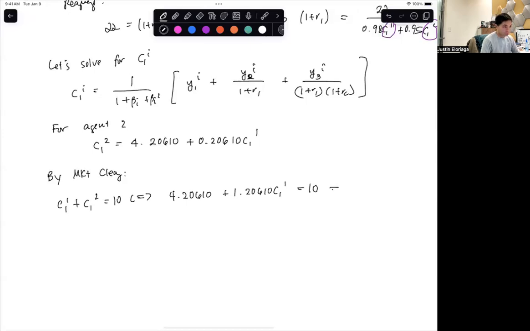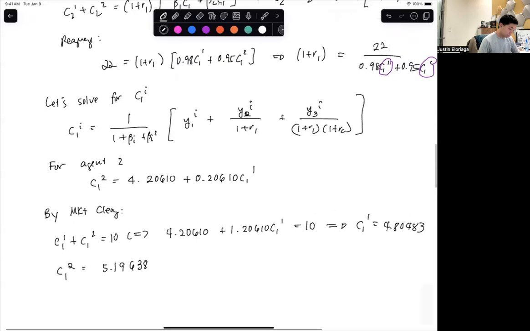If I solve for C11, it's 4.80483. And if I solve for C12 by plugging back into market clearing, it's 5.19638.